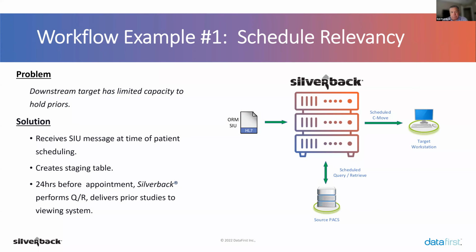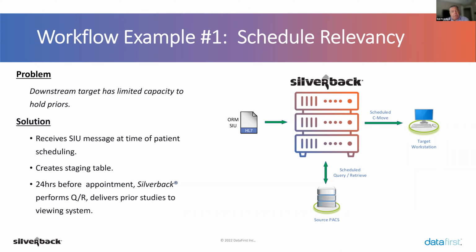In particular, this was a mammography workflow where any of you who do mammography work know that oftentimes the mammograms are scheduled a year, 6 months in advance. And what was happening in this particular case is the exams were being moved at the time that the exam was scheduled and being sent to a viewing solution that had a finite amount of local storage. So they would just FIFO off long before that patient actually came.